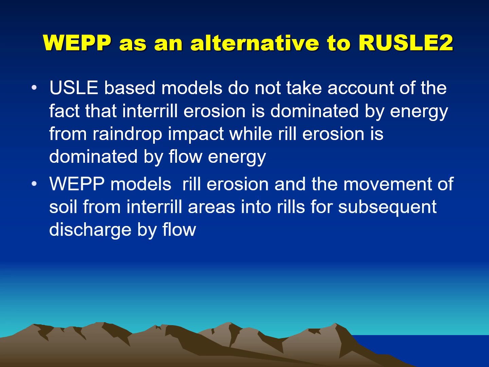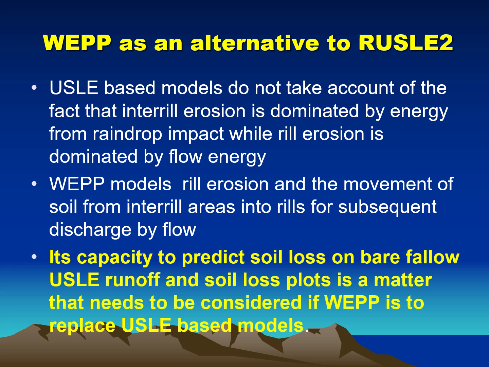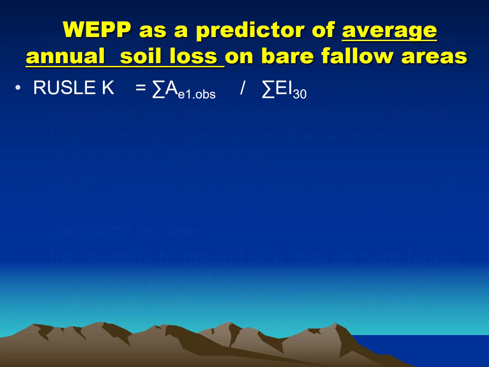So WEPP was provided as a model that models rill erosion and the movement of soil from inter-rill erosion areas to rills. Its capacity to predict bare fallow runoff soil loss plot data is a matter that needs to be considered if WEPP is to replace USLE-based models.